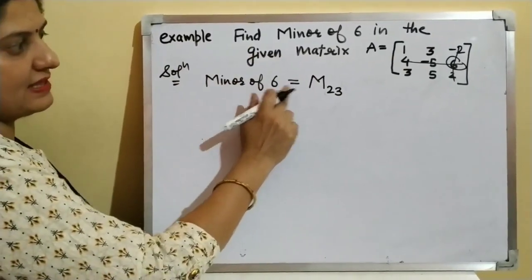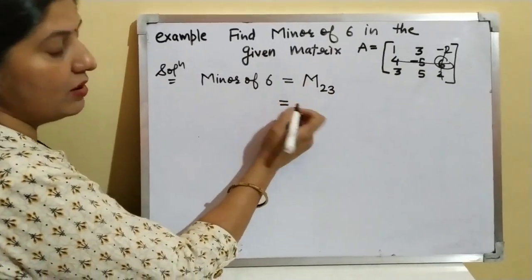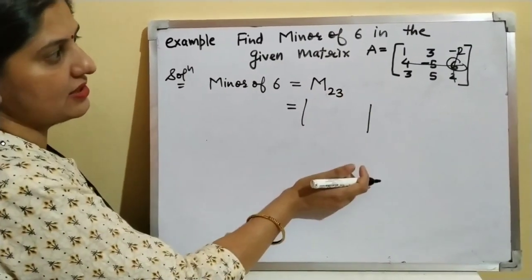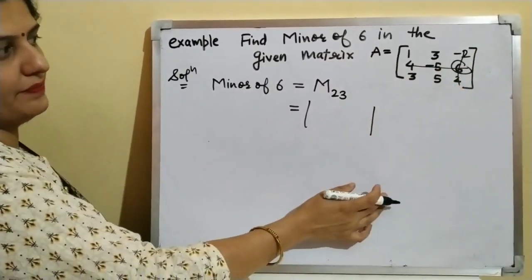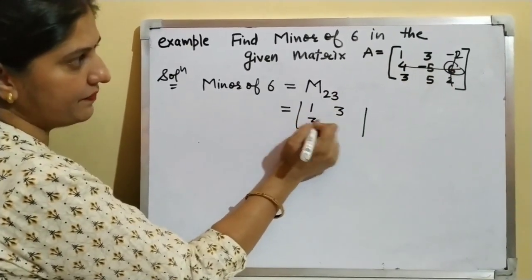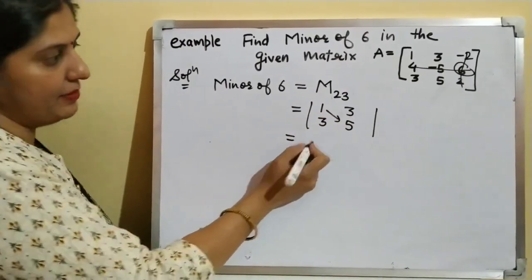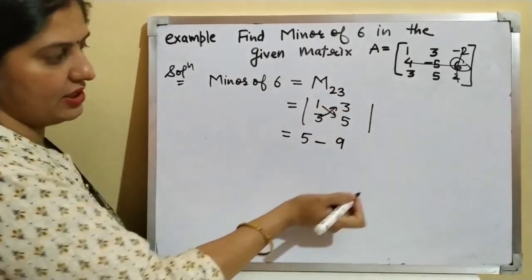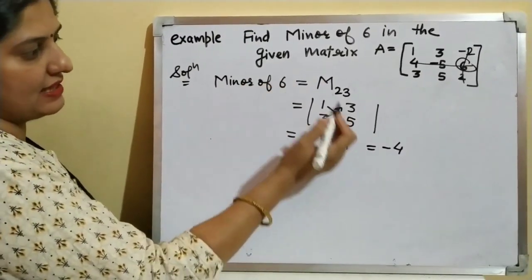So the minor of 6 is denoted by M23. Now, the minor is the determinant of the submatrix obtained by deleting the second row and third column. Write all other entries as they are and take the determinant. Multiply diagonal elements: 5 into 1 is 5, minus 3 into 3 is 9. We get minus 4. So the minor of 6 is minus 4.